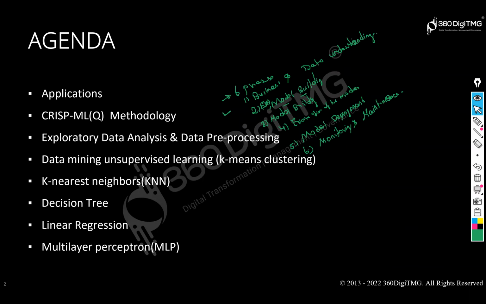I hope it is clear, the monitoring and maintenance phases as well. So these are the 6 phases which we need to take care of when we encounter a business problem. From starting to ending, we have to look into it. There is no other way.